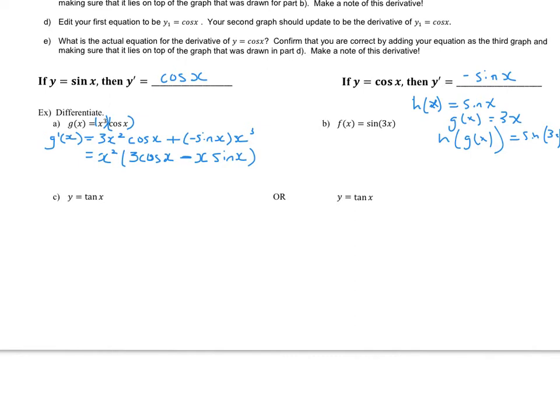So when I find the derivative, so f prime at x, I'm really looking at the derivative of the outer function. So the derivative of sine x is just cos x, so I should have the cos of the 3x. So you leave what the inner function was, that g at x stays a 3x, times the derivative of what's inside.